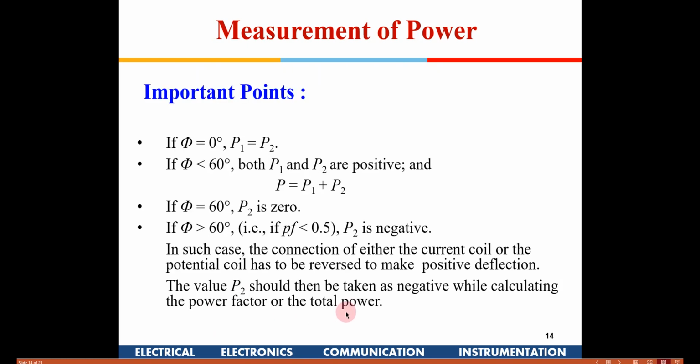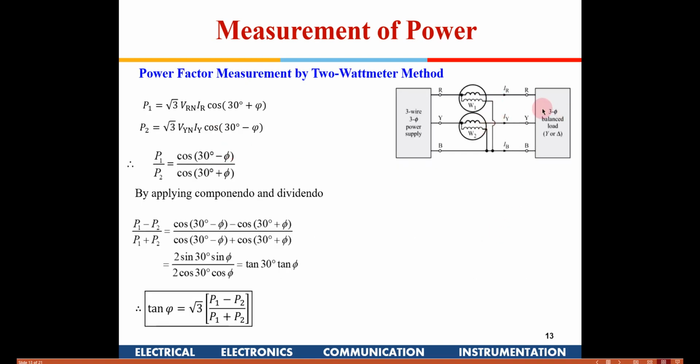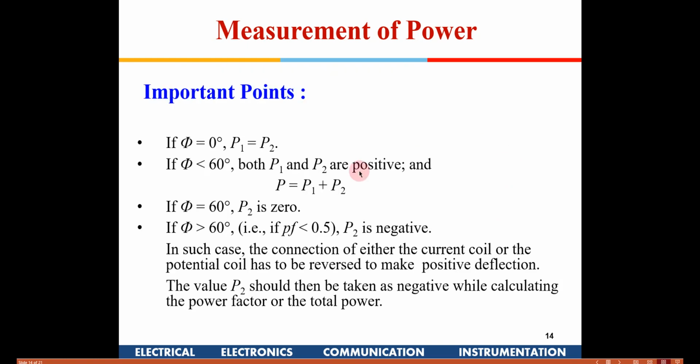Here are some things we need to remember. If it is a pure resistive load and there is no difference between the phase and the line currents, then you will get this as 0 and you will get P1 equal to P2.